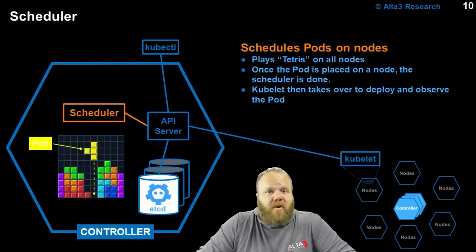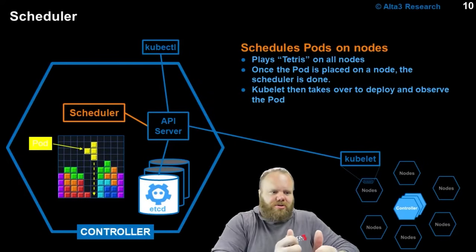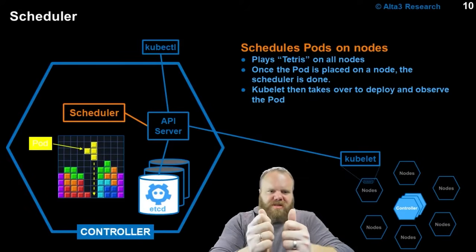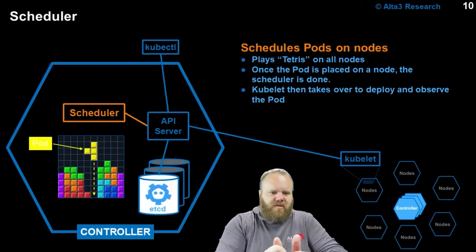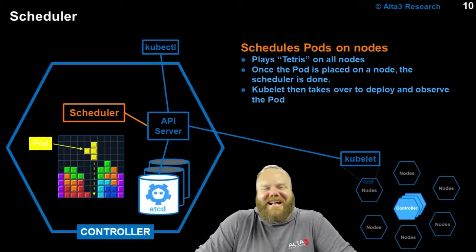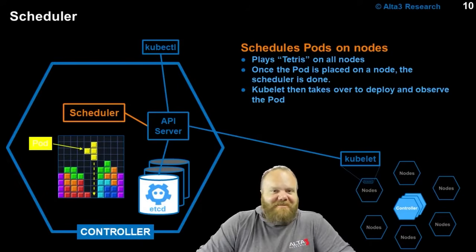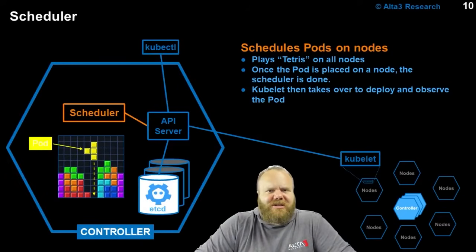Another component that is part of the controller is the scheduler. And what this is doing is that it's saying, put this pod up on this node right here. No, okay, like Tetris theme. What happens to pods is that they get put on nodes, right? Well, what makes that decision?